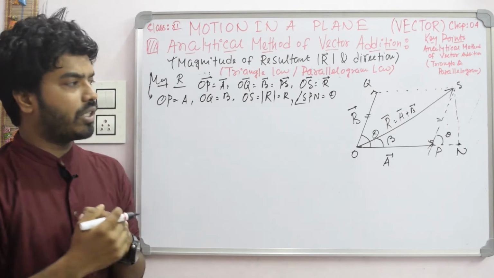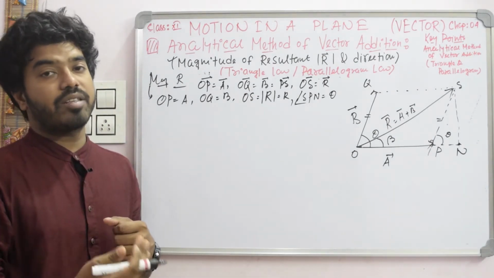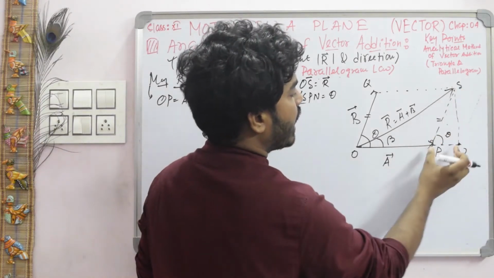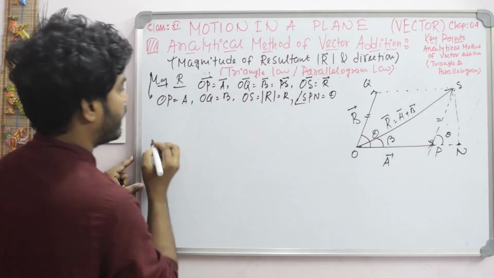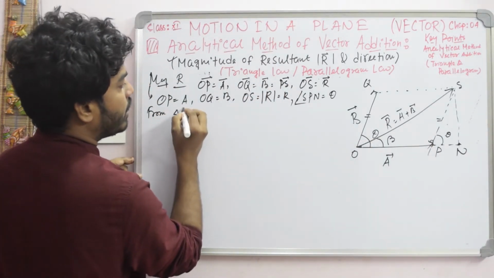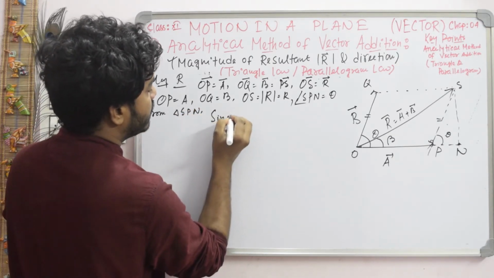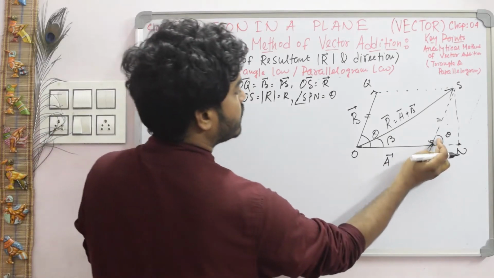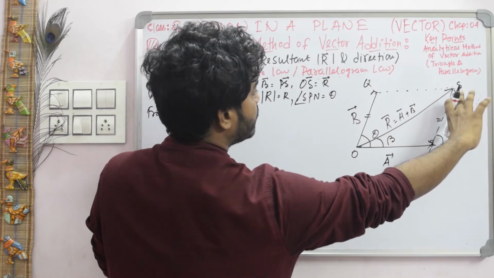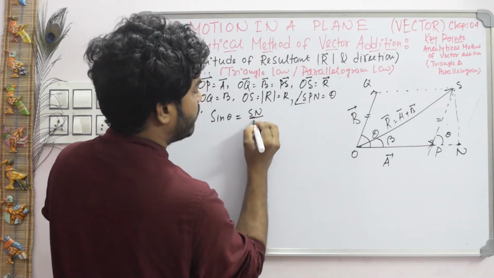Now, same condition, at first you have to find the extended part, the extra part. Here the extra part means SN and PN. So from triangle SPN, what is the value of sin theta? This angle is theta, sin theta is perpendicular by hypotenuse, that is SN divided by PS.